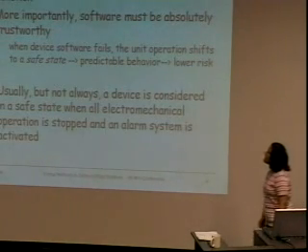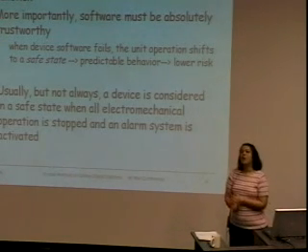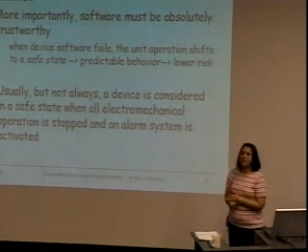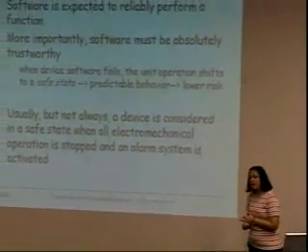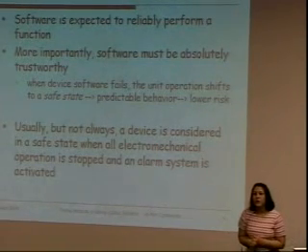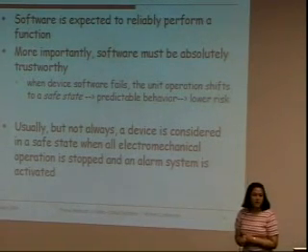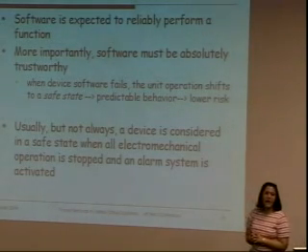So we have two levels of reliability for the software. The first level and the best one is highly reliable software. But even if your software is not highly reliable, you want it to be trustworthy, which means in case of failure, we want the behavior of the software to be predictable.